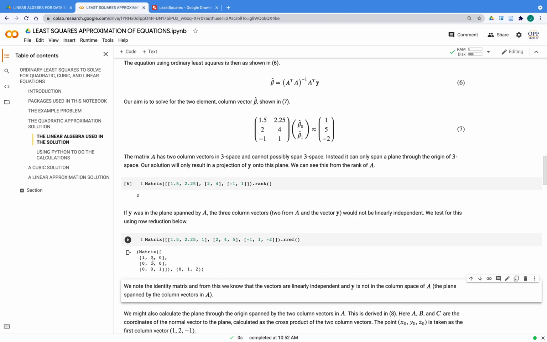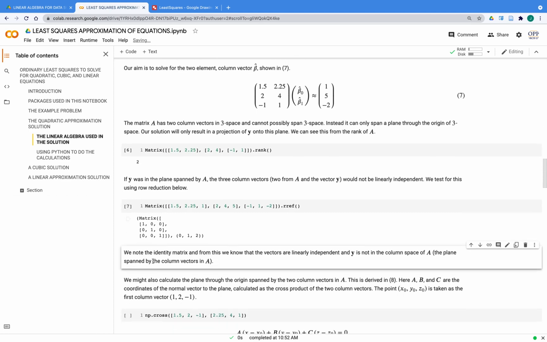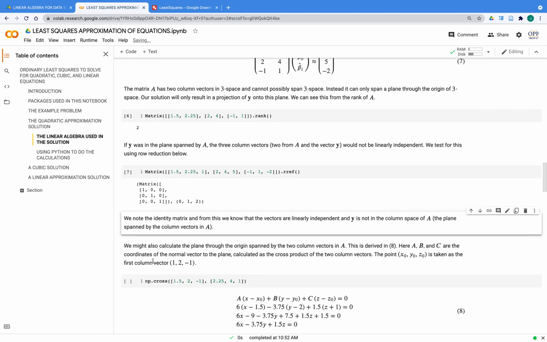Remember, that means it's only the 0 vector that is going to give me a solution to the homogeneous problem. In other words, those 3 columns are linearly independent, and we saw that in the little schematic that we have in Google Drawing, that they are all linearly independent. That's what I was trying to show there. Once again, that representation wasn't exactly a representation of this problem, only a schematic to show you what's going on.